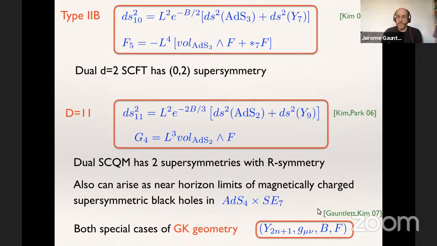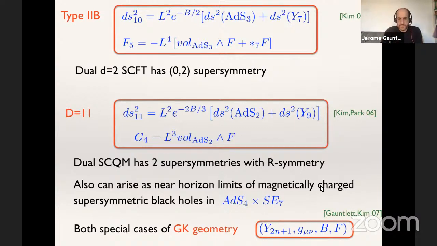But what I showed with Nakwoo Kim, I should say Nakwoo Kim and his student studied these in the first place, and then together we realized that these are special cases of an infinite class of geometries. So this is sort of the analog of Sasaki-Einstein 5, Sasaki-Einstein 7, and then we observed that they're part of an infinite family. In the Sasaki-Einstein case, that was trivial because they were just Calabi-Yau cones of different dimension.